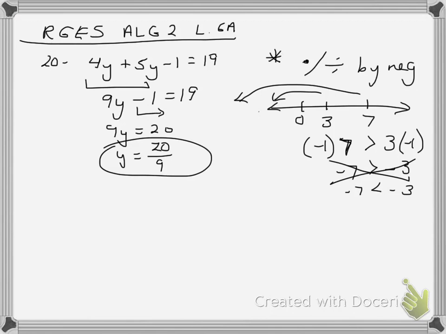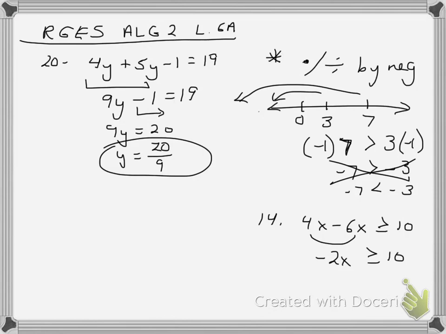So let's get one that's a little interesting here. This one, number 14, says 4x minus 6x is greater than or equal to 10. We combine like terms and we get negative 2x is greater than or equal to 10.